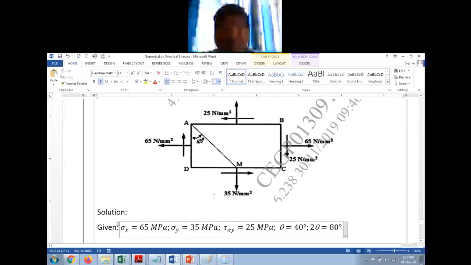Now theta, in all our numericals we have taken with respect to the vertical, or with this major normal stress. Now he has given with respect to the minor normal stress. So that is 45 degrees.